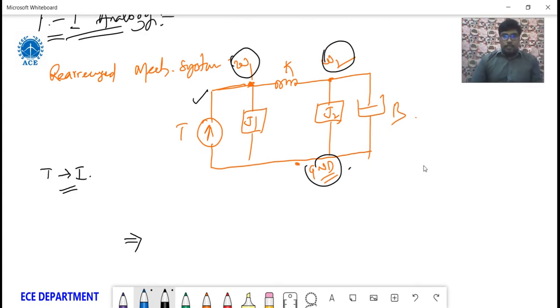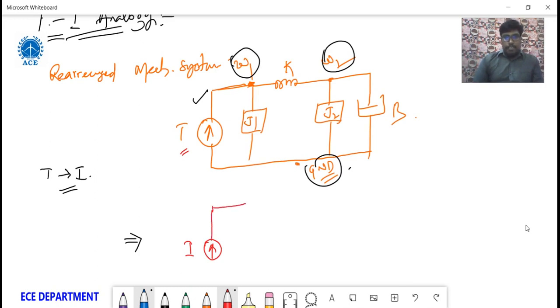So what is that? I'm redrawing here. See, conversion you need to do. Torque becomes current, and same as it is.